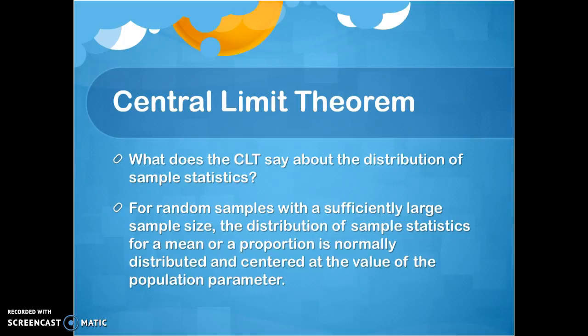What it says, again, for a large enough sample size, that distribution of sample means or sample proportions is going to be normally distributed, which is the regular normal bell curve distribution that you've seen a lot of, and that it will be centered at what the true population value should be. Ideally, it should be centered at that. So that's pretty cool that that works. And that's what all inferential statistics that do not involve simulation are based on.